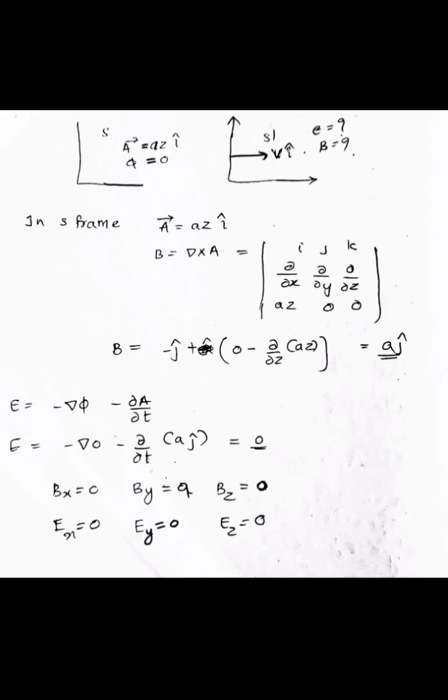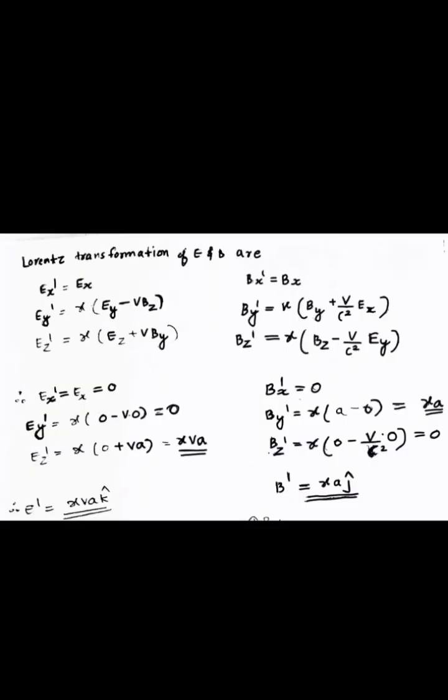And here we know that E is equal to minus del phi minus dou A by dou t, that is minus 0 minus dou by dou t of A j cap, which is equal to 0. So Bx is equal to 0, By is equal to A, Bz is equal to 0, Ex is equal to 0, Ey is equal to 0, Ez is equal to 0.